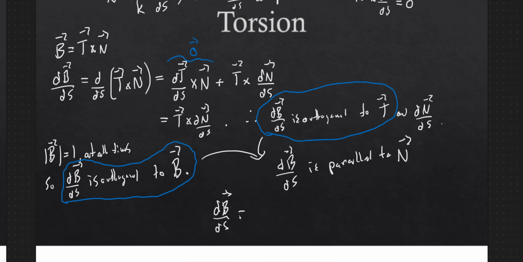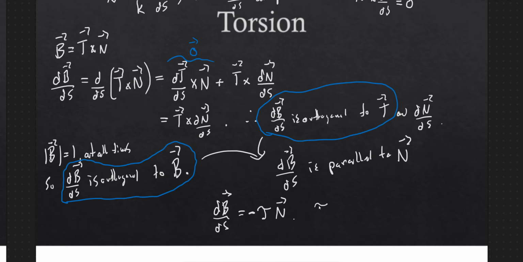Now here's a little bit of a weird part. It's some scalar times N, so we could say tau times N. But conventionally, how we define torsion, that's what this tau is for, is torsion, we actually use the negative here. So we say dB/ds is some scalar multiple of N, typically it points in the other direction as N, and so we put this negative here.